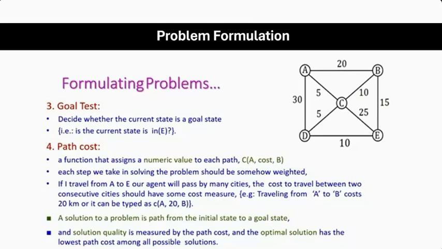A solution to a problem is a path from the initial state to a goal state. And solution quality is measured by the path cost. And the optimal solution has the lowest path cost among all the possible solutions. Ilagay mo lang yung model mo dun sa loob ng formulation na yan.